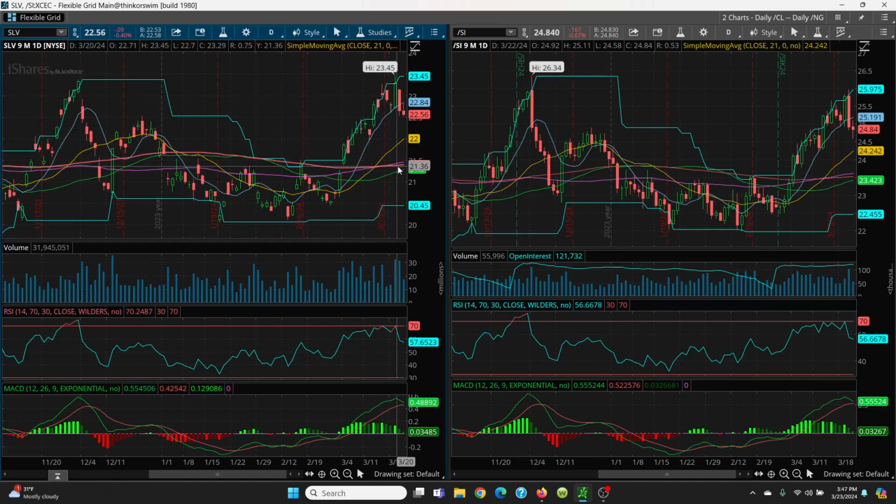If not, we have a lot of good support right now at about that 22 to 21.50 area, and then your 21.30 right below it. That's going to be a big support level if this falls on down. You can see the similarities in the charts, which gives you a good idea if you want to trade these commodities through an exchange traded fund versus the actual commodity.